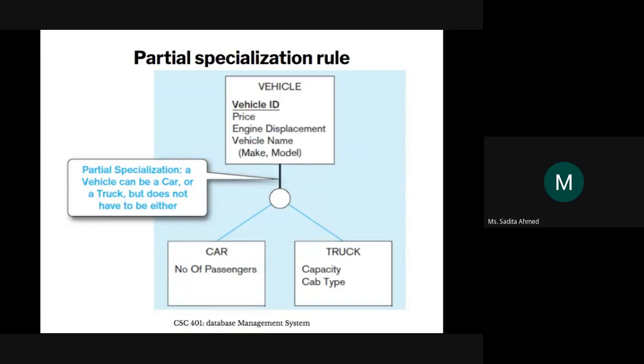So you have to be able to differentiate that. In this case, it does not make sense at all to apply the total specialization rule, because then you will not be able to model the data of motorcycles. So for this example, we have to apply the partial specialization rule, which specifies that such vehicle instances can exist which are neither car nor truck.